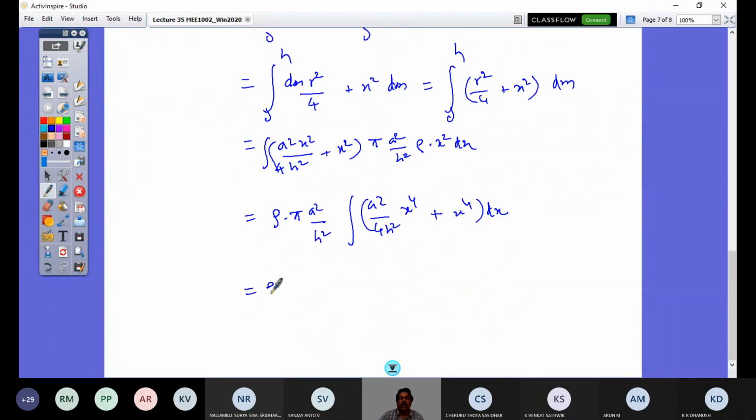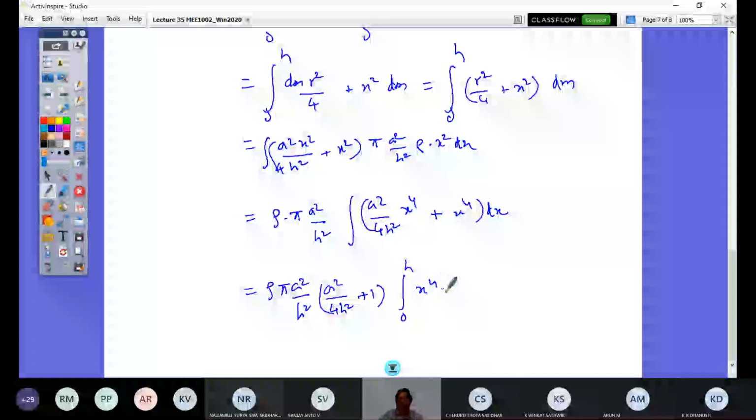So that's going to be rho pi a squared by h squared, and here I take this x power 4 out. So it's going to be a squared by 4h squared plus 1, integral 0 to h of x power 4 dx.